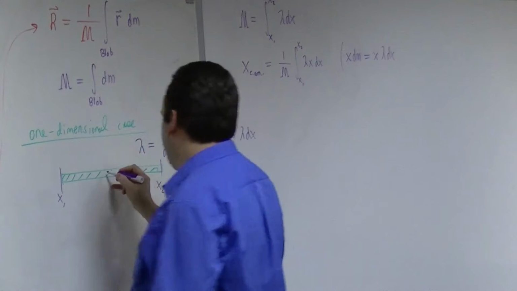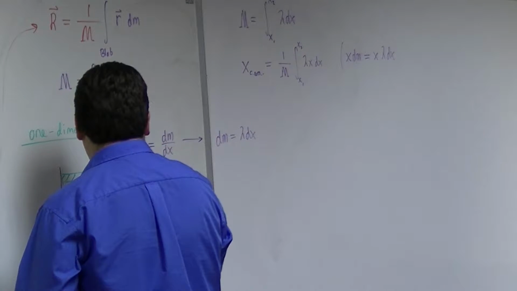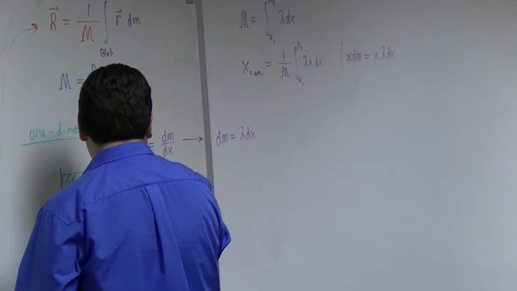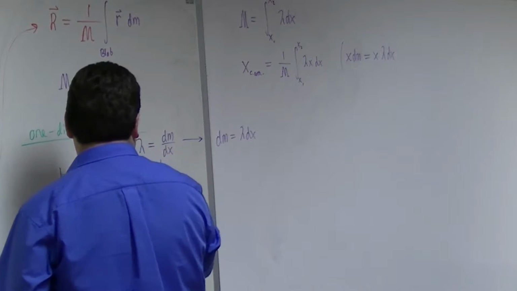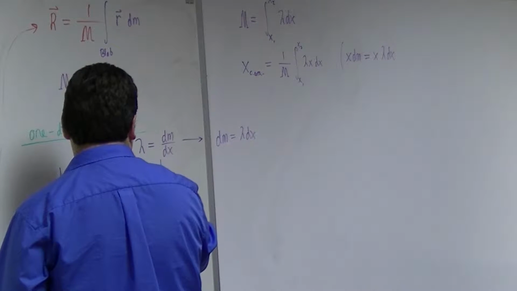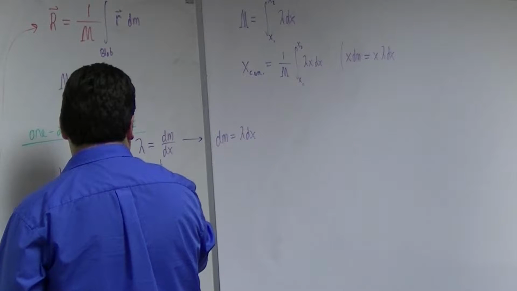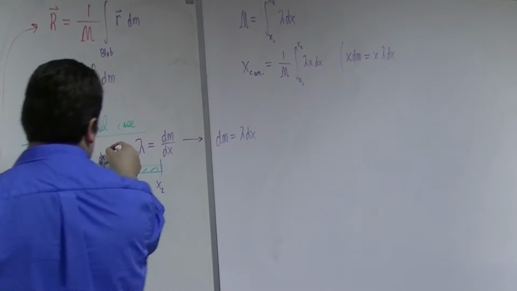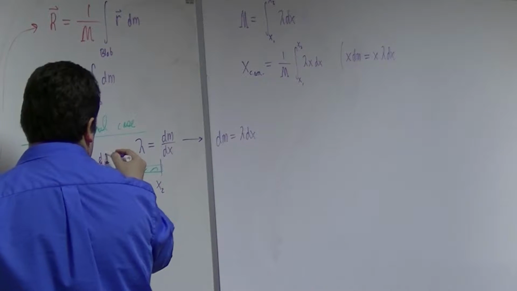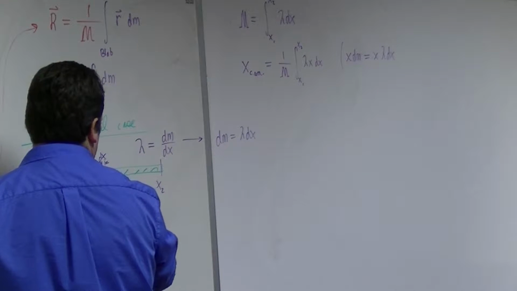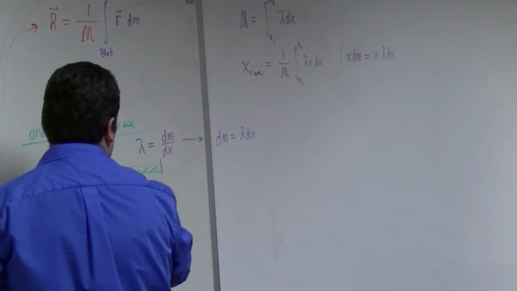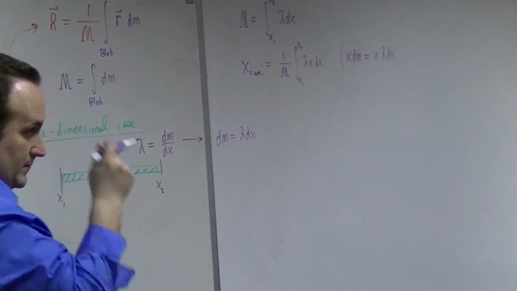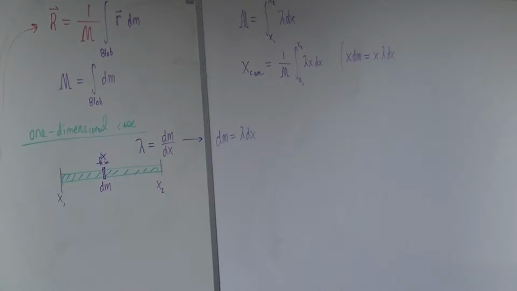If I pick the point here at x, then this little tiny bit of the stick, this little dx segment, is an infinitesimal little bit subtended by dx. According to that dx, there's a little bit of mass dm there, and the proportion is given by lambda.